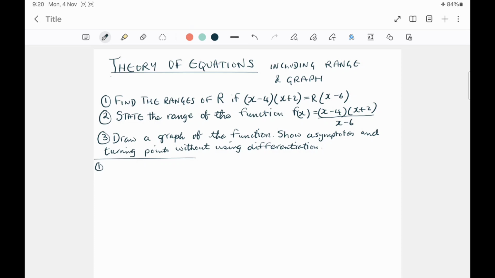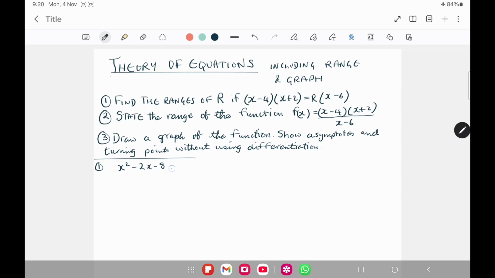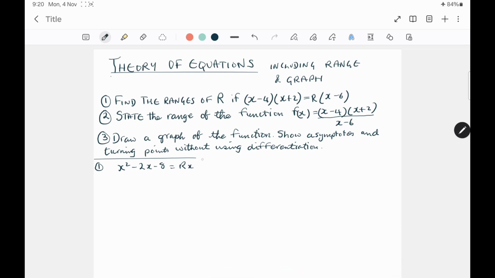So the first part, we start off by expanding. So it's x² - 2x - 8 = rx - 6r.